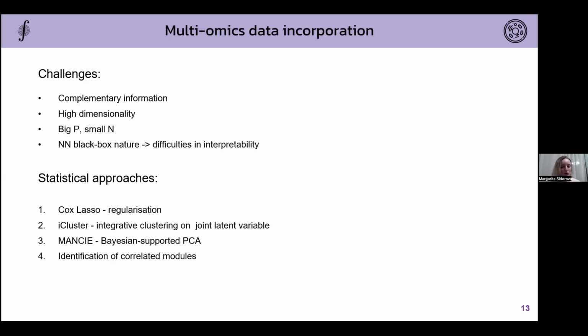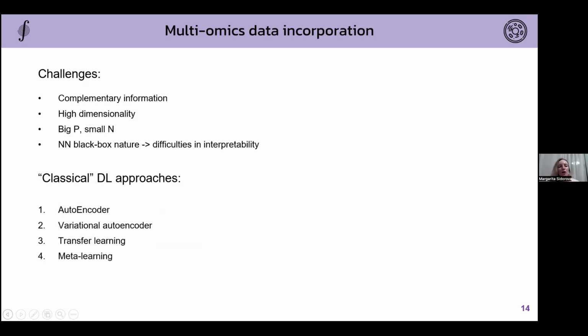And also PCA, principal component analysis, which also can help us to do the dimensionality reduction, and identification of some correlated models, so that we can get rid of some correlation and make our data not so high dimensional.